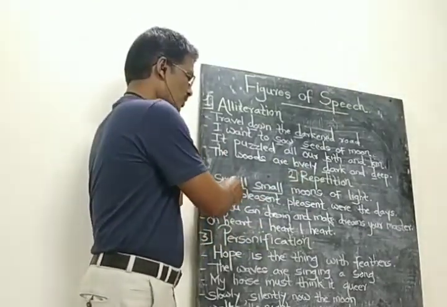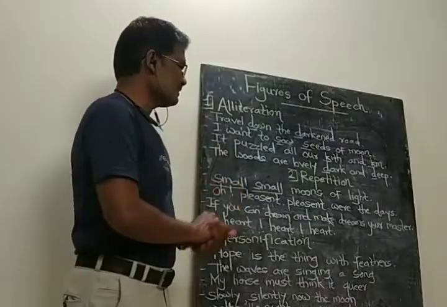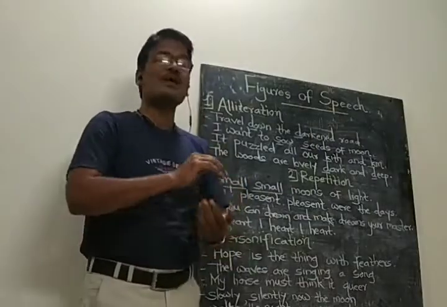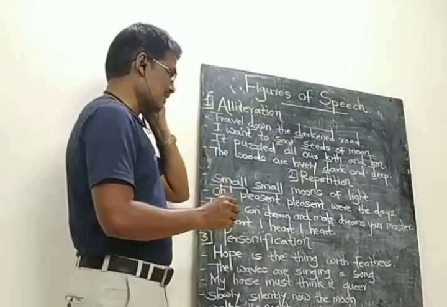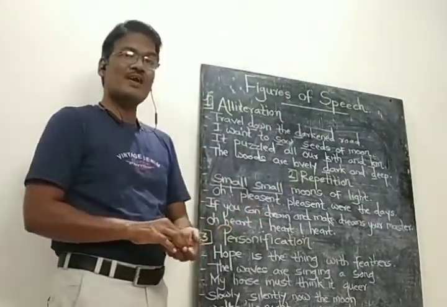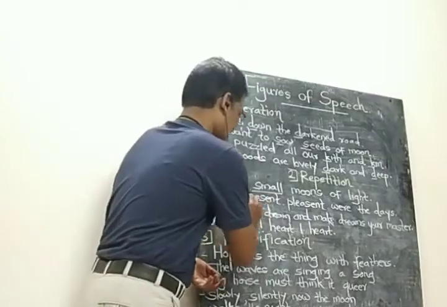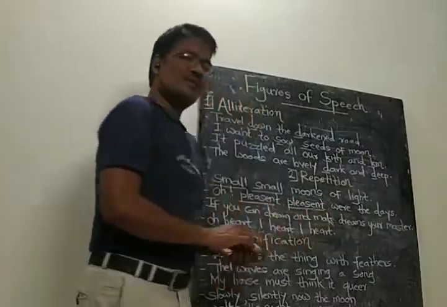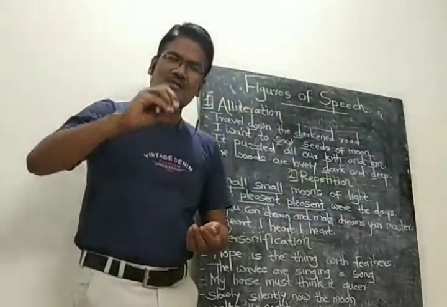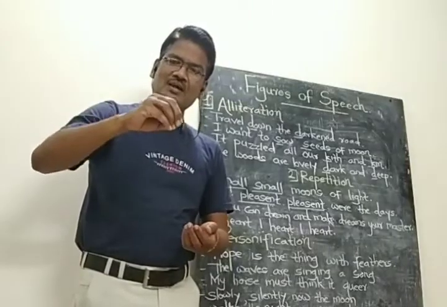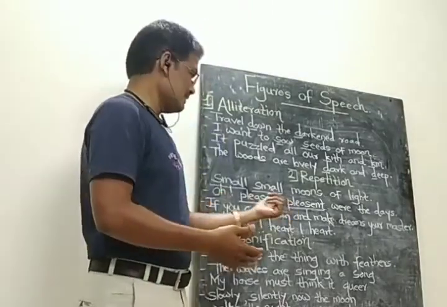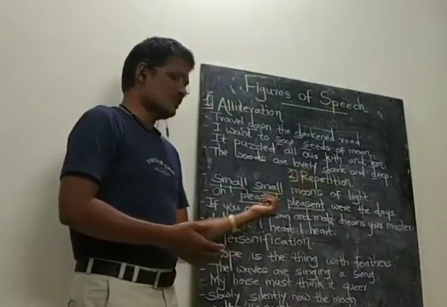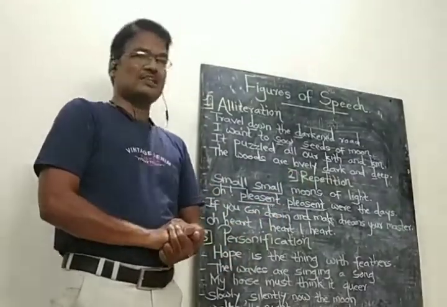Let us see the sentence: Oh, pleasant, pleasant were the days. This word pleasant is repeated again and again. Hence, this figure of speech is known as repetition.